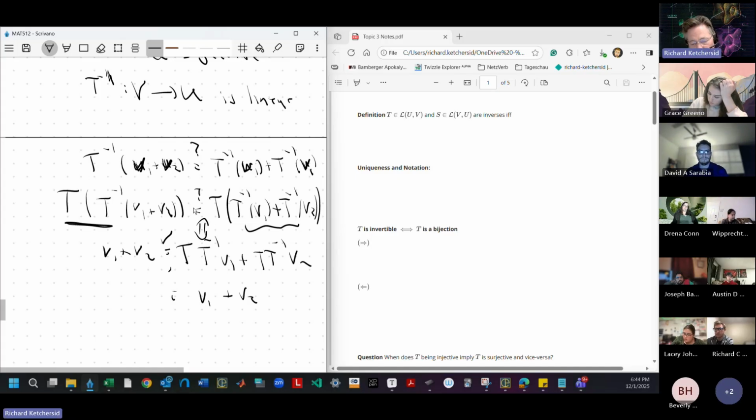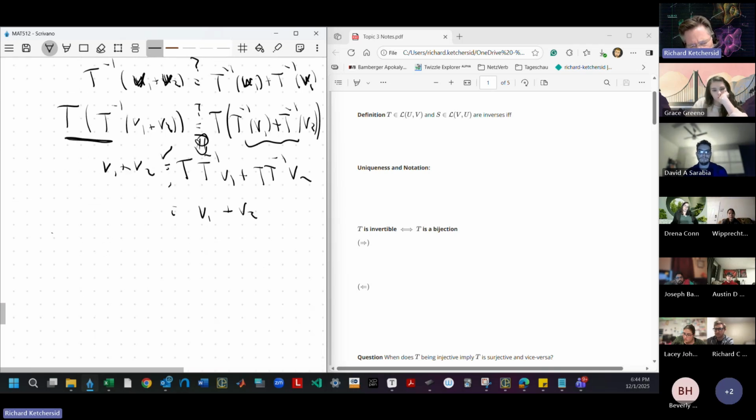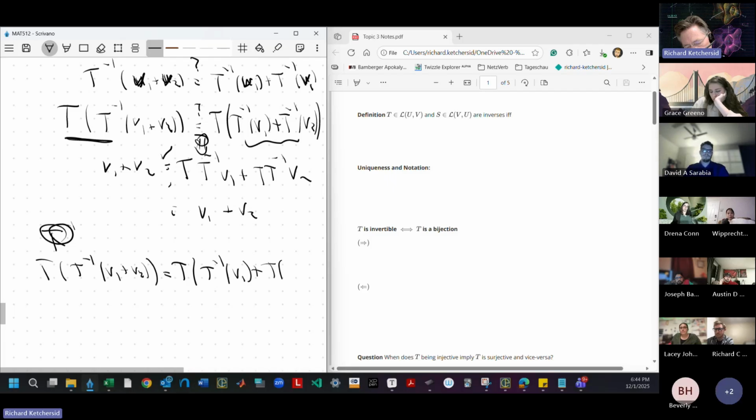Right, and that'll happen. Well, what do I want to say here? I guess what I really want to say is this. Let's just go this way. So what I've shown is that T of T inverse of V1 plus V2 is equal to T of T inverse of V1 plus T of T inverse of V2, right, like that.